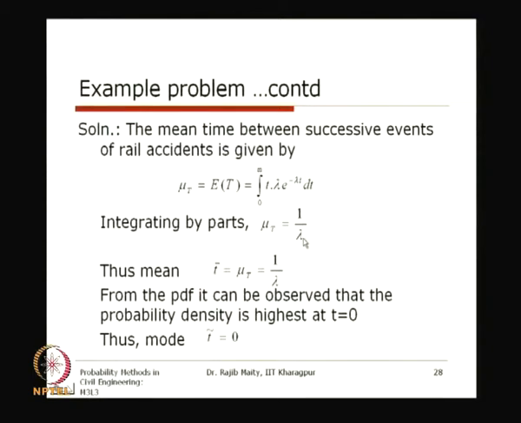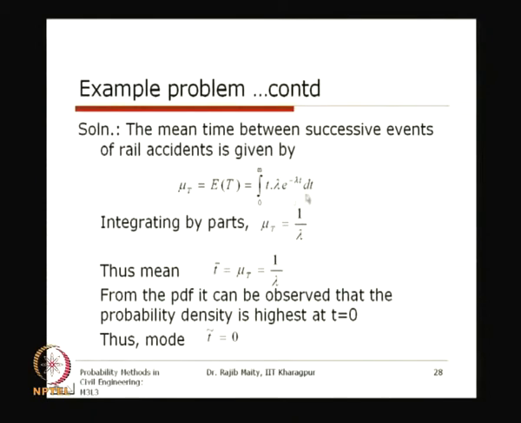Here we get this lambda, and again we have seen the sample estimate. If we take some sample of this particular event, calculate the sample mean, and take the inverse of that sample mean, we get a measure of this lambda. This is called the method of moments to get estimates of these parameters.